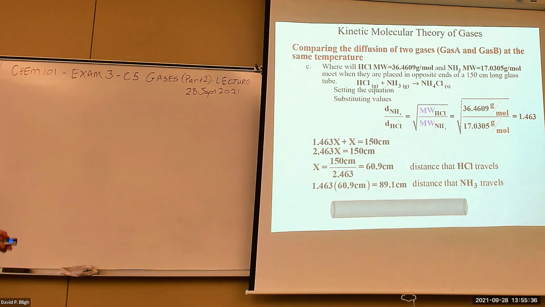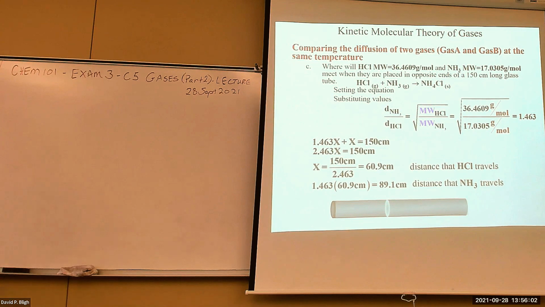So if we do that experiment, see, is it going to do it, or do I need to touch another button? Touch another button. There we go. That's where they meet. The faster moving one is the lighter one, which would be ammonia. Ammonia is lighter than hydrogen chloride. So ammonia moves over here, and the ratio of these two distances is 1.463.